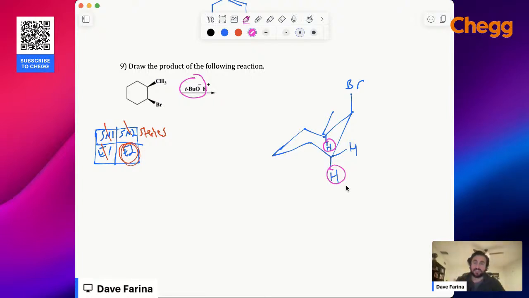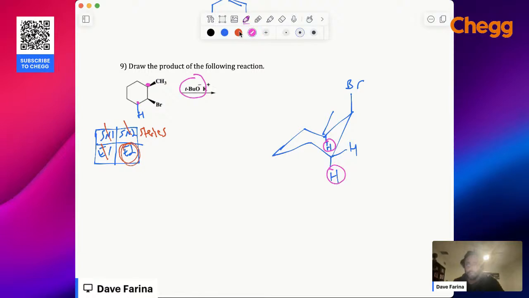But this is where the sterics on the base is very important. Because it is so bulky, the activation energy associated with approaching the less substituted carbon is so much lower that it's going to actually prefer to go that way. So here, this is a tertiary carbon, and this is a secondary carbon. And so it's actually going to approach over there, right? So let's draw a hydrogen here.